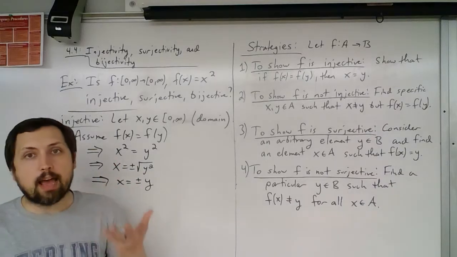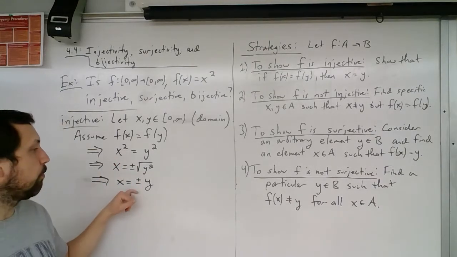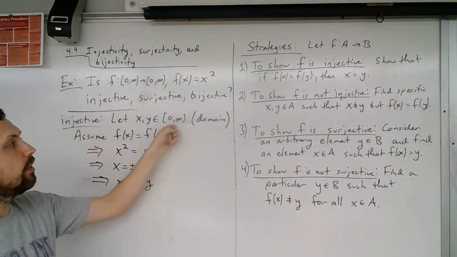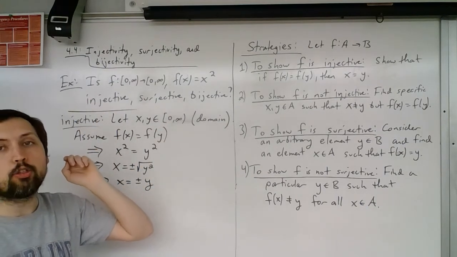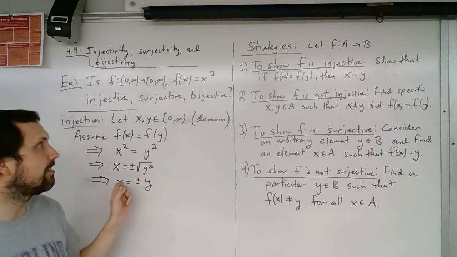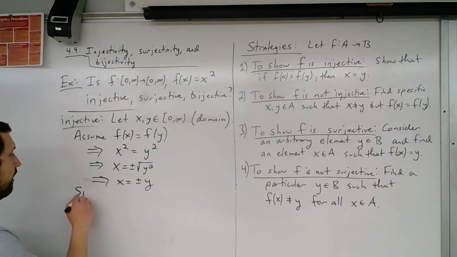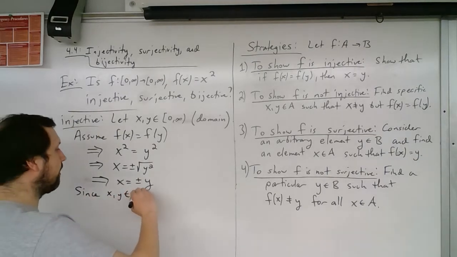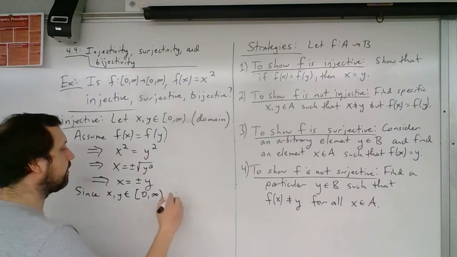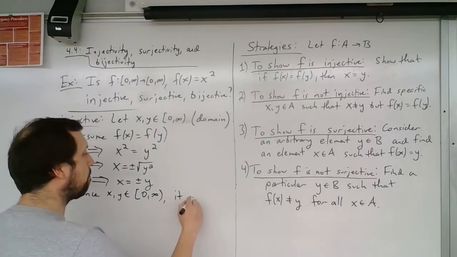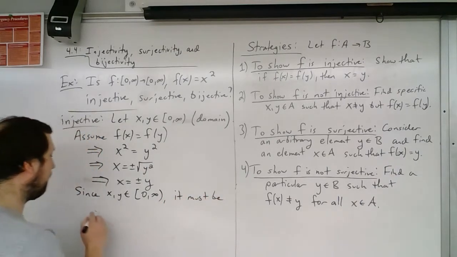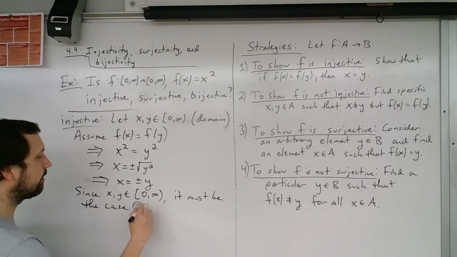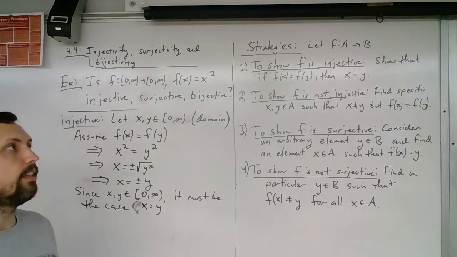So we do the math correctly, and this is exactly what it says, but now we say, wait a minute, these are all non-negative numbers, so these have to be the same sign. So since x and y are in 0 to infinity, it must be the case that x is equal to y.